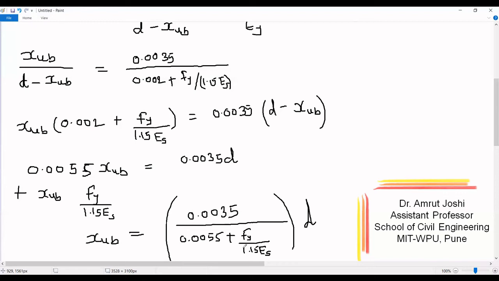It is interesting to note that as you change the grade of concrete, the ultimate compressive strain of concrete does not change. It fairly remains 0.0035. Therefore, this factor here is independent of the grade of concrete, but it depends only on the grade of steel. Once you choose the grade of steel, this constant assumes a constant value.